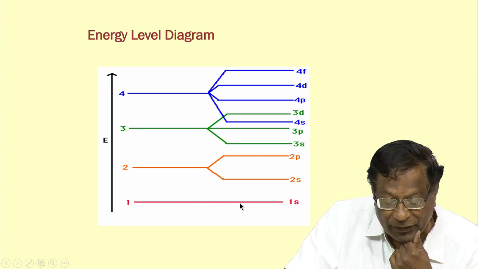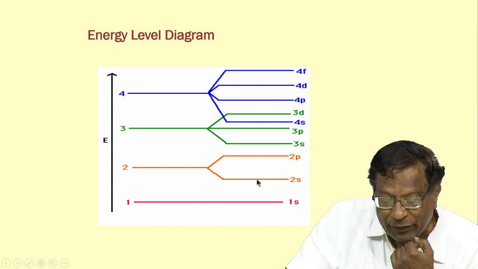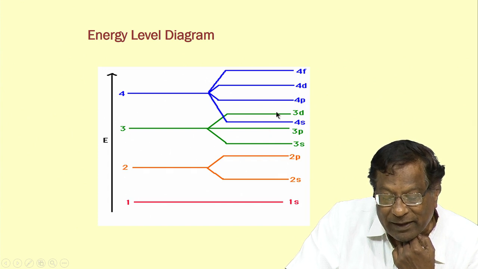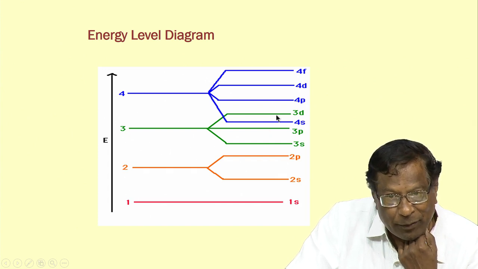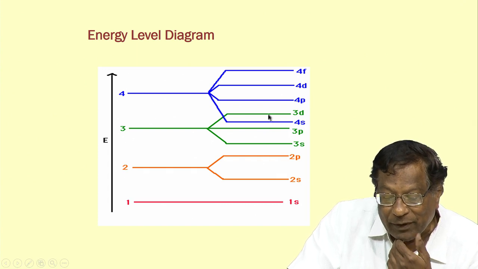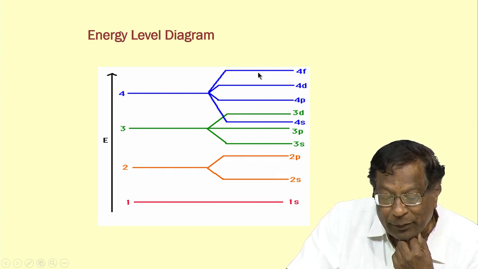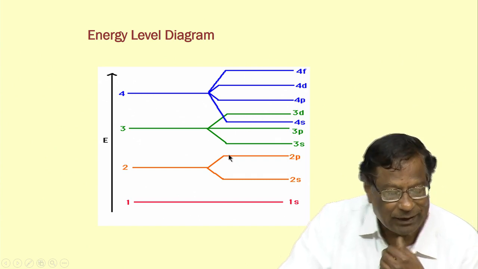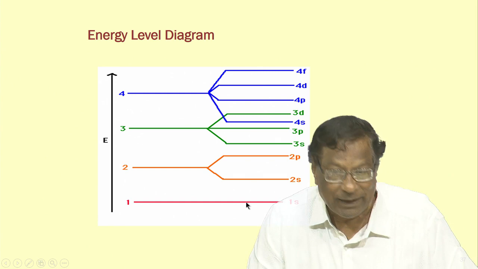So, n equal to 1 will have 2, 2s is 2 again, 2p would be 6, and then 3s would have 2, 3p would have 6, 3d will have 5 orbitals, so 10 electrons. So, after 4f it would have 18 electrons. If you count all the things, you can keep on filling the electrons.